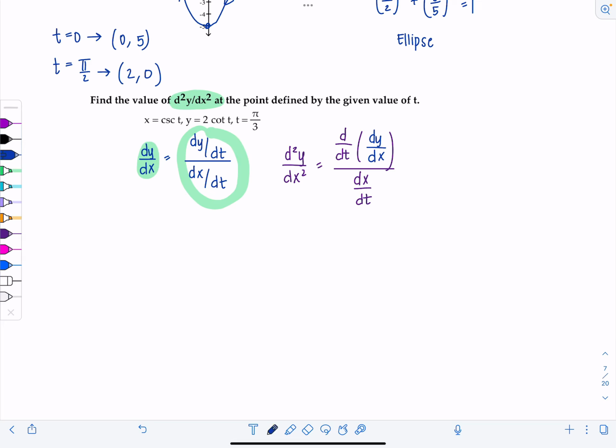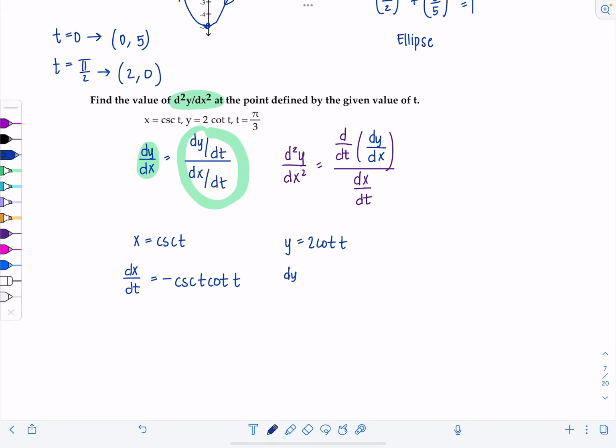X is cosecant t. So let's take the derivative, dx/dt is going to be negative cosecant t cotangent t. Yes? Okay. And then y is 2 cotangent t.